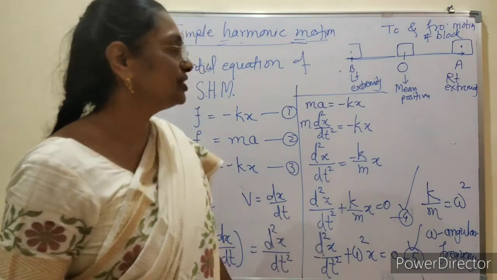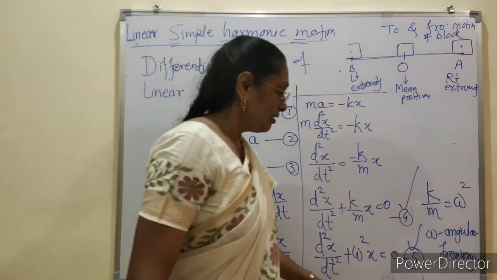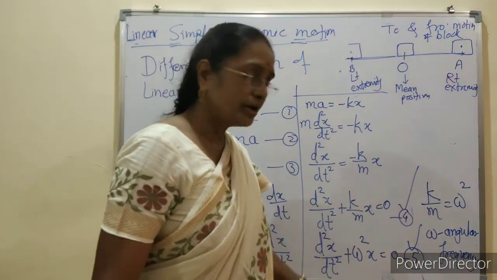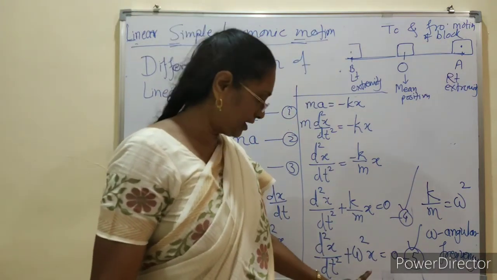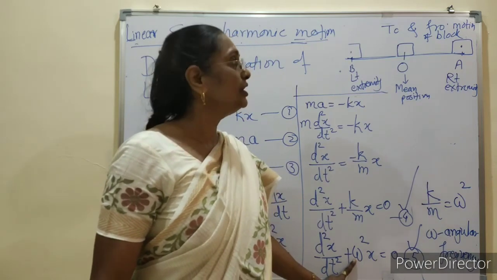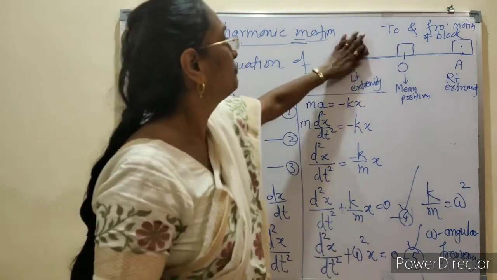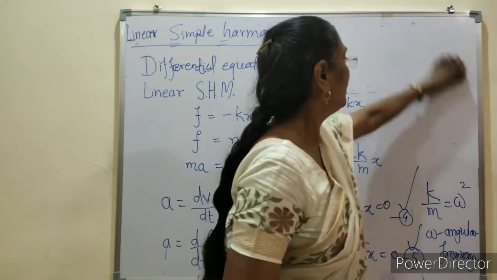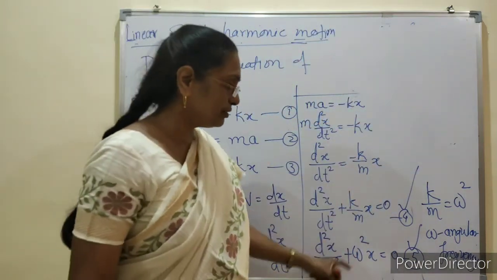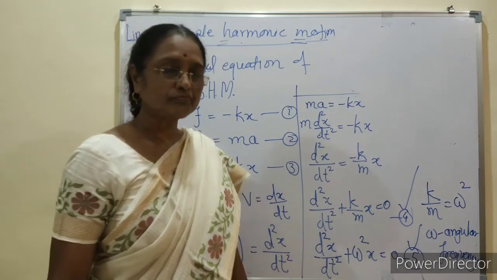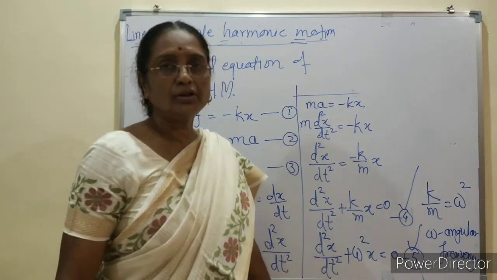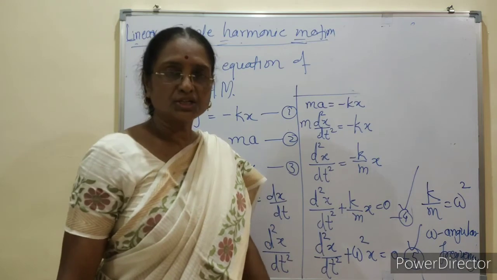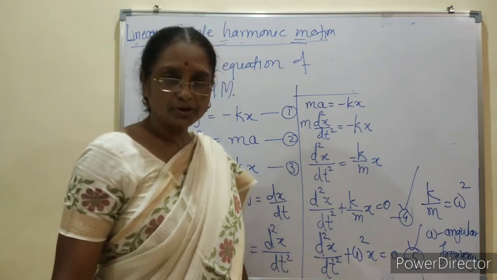It is called the differential equation of S.H.M. Now the new quantity here, omega square, we have actually taken this quantity in uniform circular motion. Omega is angular velocity. This quantity we have introduced here, but the reason we will study in the next point of this chapter.